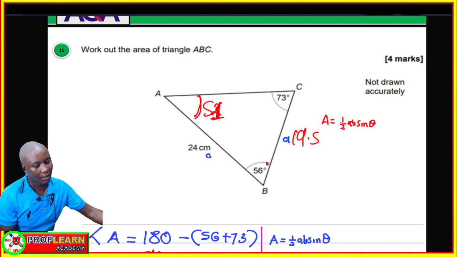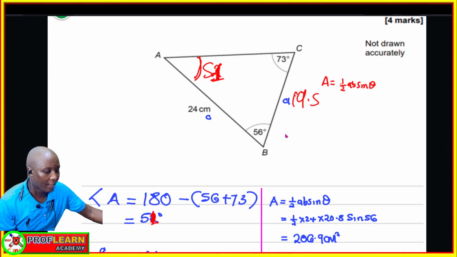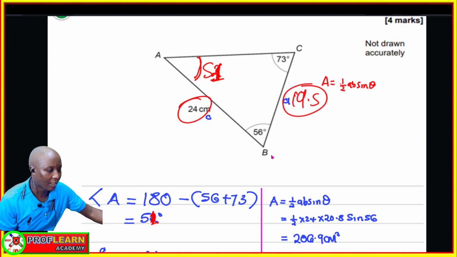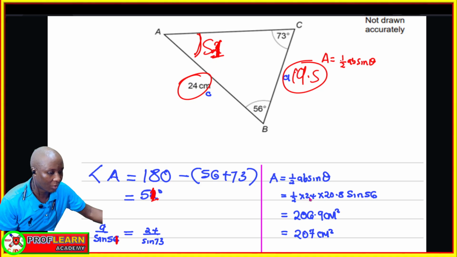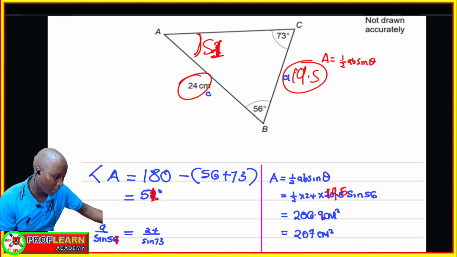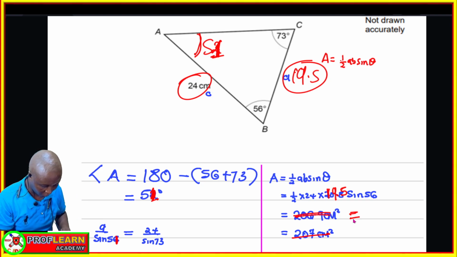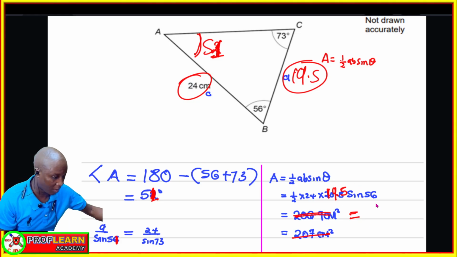So if I have 19.5, that is the side here, then I can be able to use this side and this side here to find area of the triangle. So this is going to be 0.5 times 24 times 19.5 sine 56, and then that is going to give us 193.